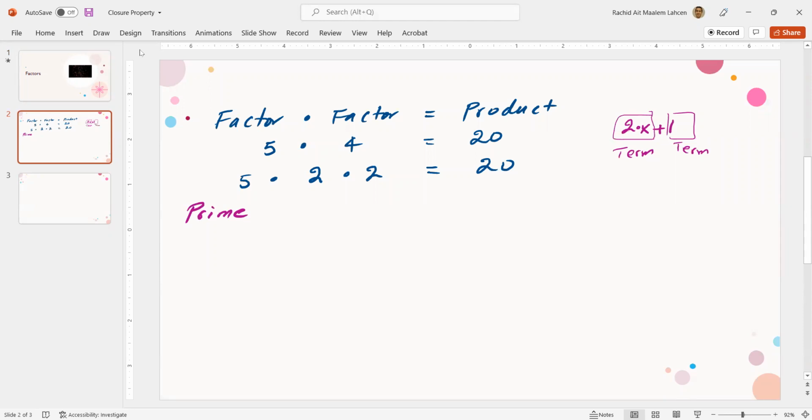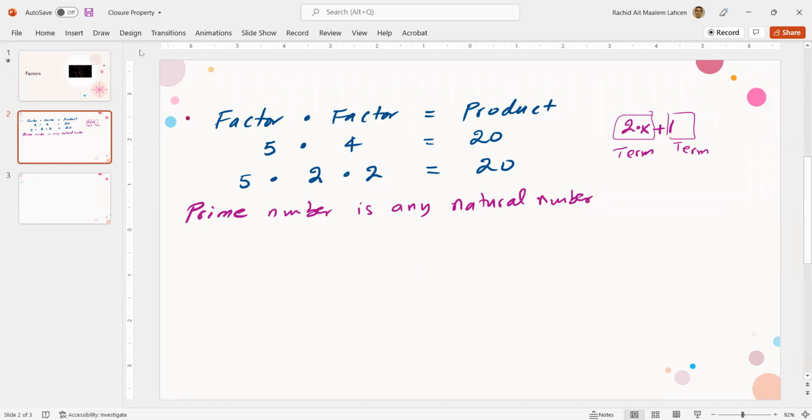So a prime number is any natural number. Maybe in another video, I'll talk about what natural numbers, integers, and real numbers are.